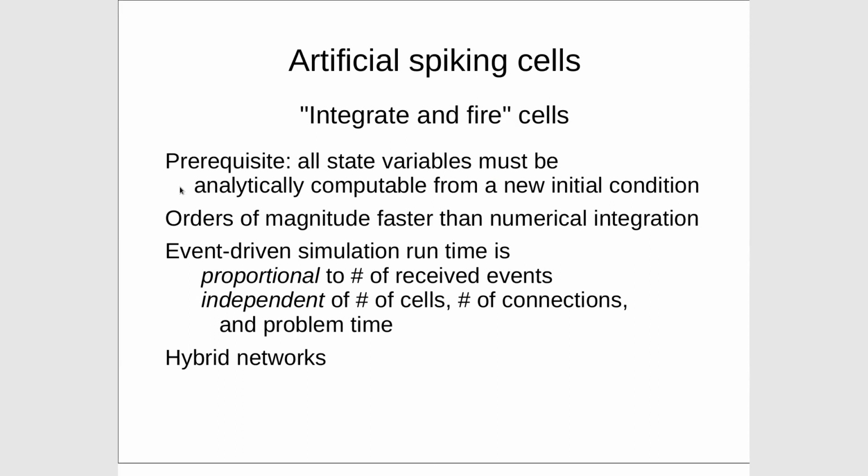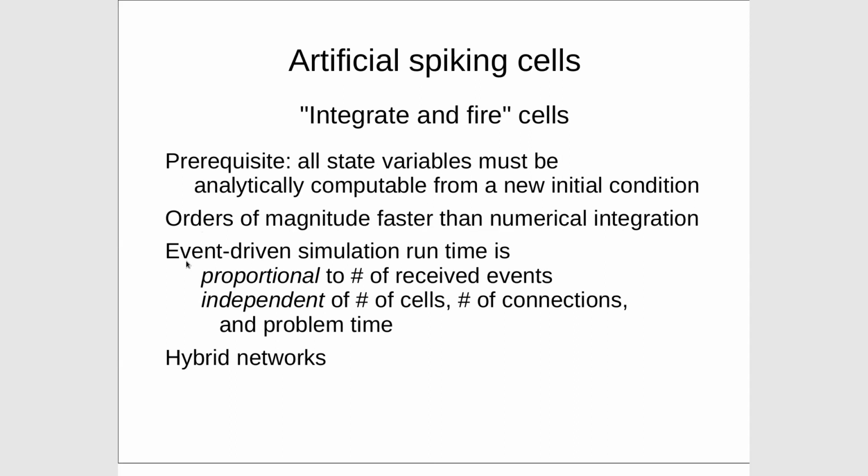As long as all state variables are analytically computable from a new initial condition. And the solution of artificial spiking cells is many orders of magnitude faster than numerical integration. So you can have thousands and tens of thousands of artificial spiking cells without the overhead that's even needed to advance the solution for a single compartment biophysical model cell.